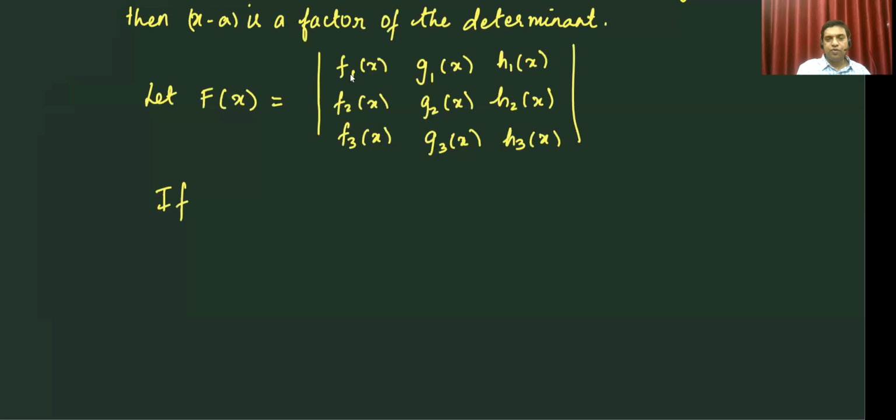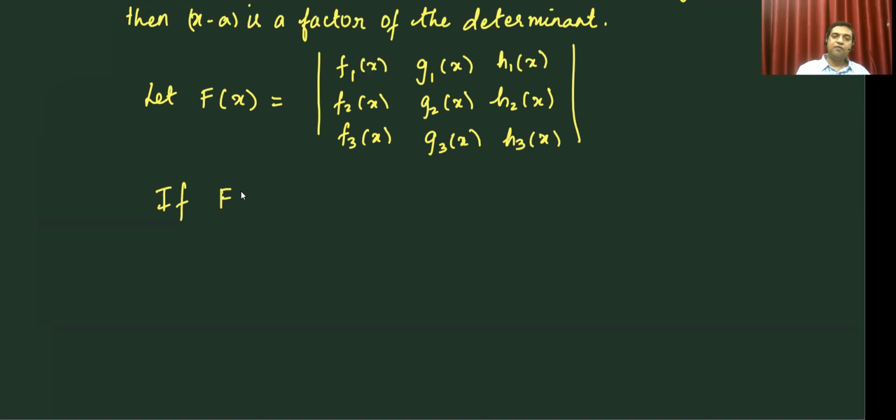Now when you take a determinant, you will get a product of three elements, one from each of three different rows and columns. Each term will be like f1 g2 h3 minus f1 g3 h2. So each term will have an element of a different row and different column with an appropriate positive or negative sign. So this will also be a polynomial.